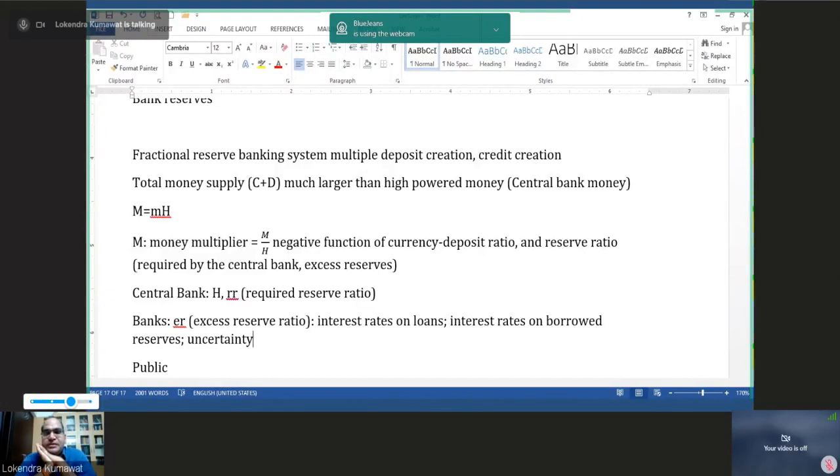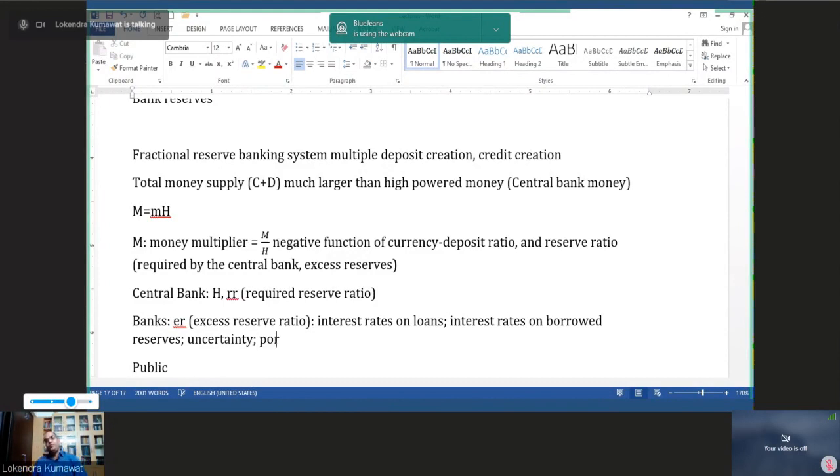If banks are living in an atmosphere where they fear that the probability of loans being repaid is not very high, then instead of extending loans, they would like to keep the reserves with themselves. So higher uncertainty leads to higher excess reserves, and higher excess reserves means lower money multiplier.